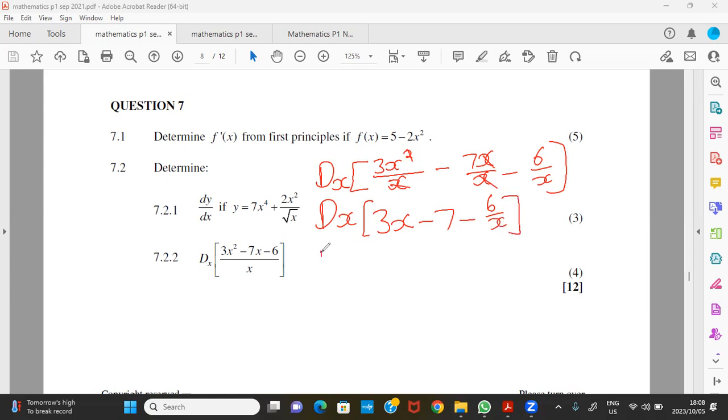This looks okay and this looks okay, but this one does not look okay. To fix this one, I still have to put the d over dx because I haven't started deriving. So I'm going to say 3x minus 7 minus, and I'm going to flip them, then I'm going to have 6.